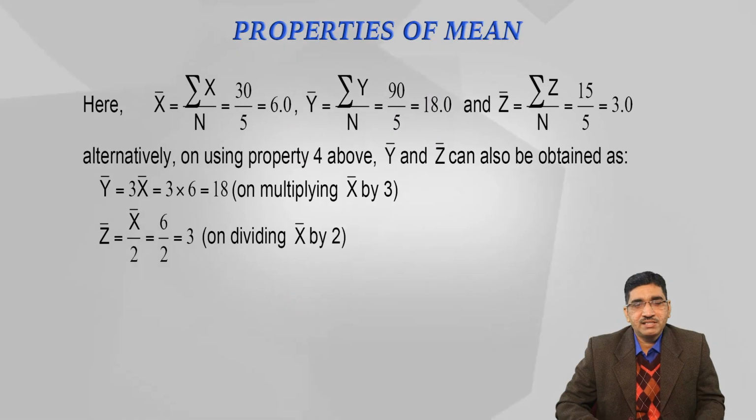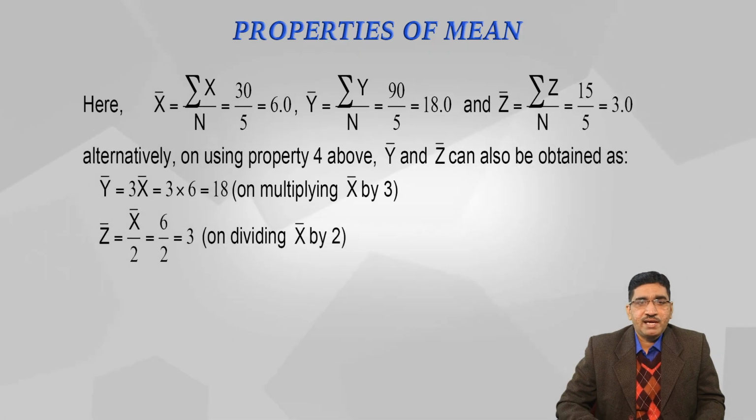If we calculate the arithmetic mean of these three variables, the mean of x is 6, the mean of y is 90 divided by 5, that is 18, and the mean of z is 15 divided by 5, that is 3. Now the mean of variable y and the mean of variable z can also be obtained from the property of changing scale that we have already discussed, property 4.